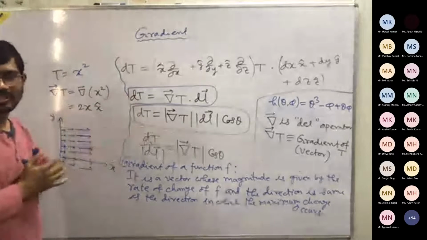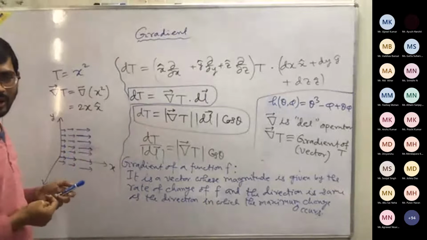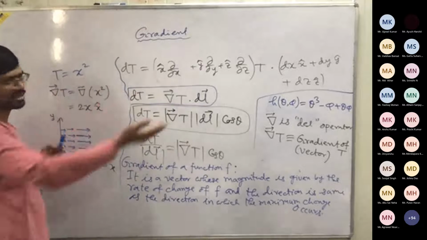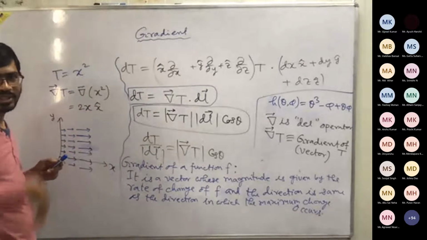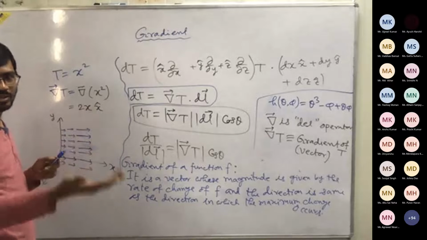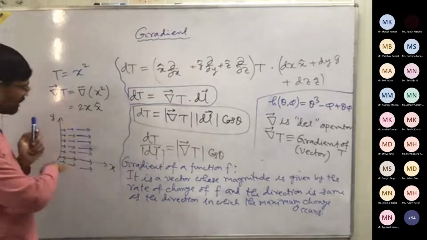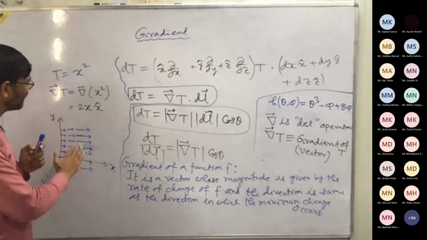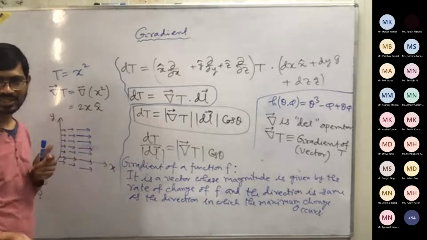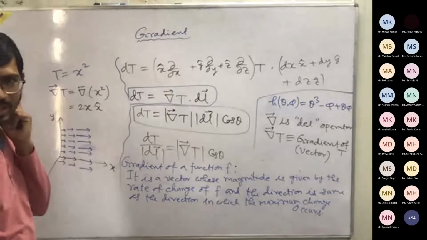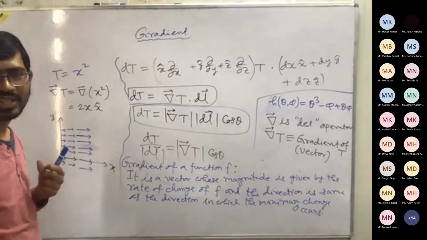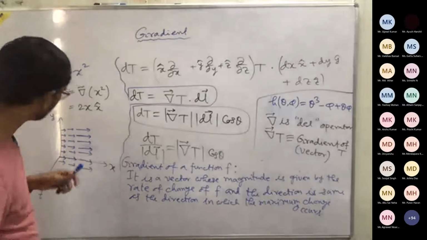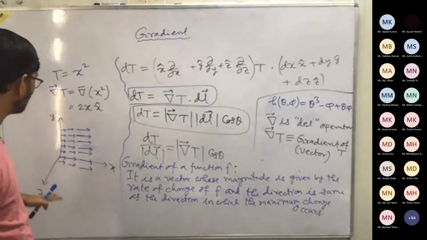As x increases, this quantity increases rapidly. If x is 0, 1, 2, then you get 0, 1, 4, so it rapidly increases along the x direction. It has no other dependence. When you take its derivative, it's essentially the first derivative, but it has a direction. There's a concept called directional derivative. I'll tell you what it is.